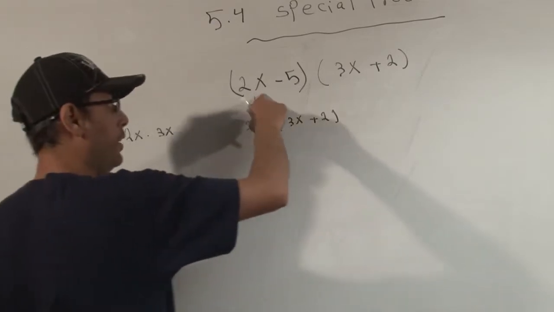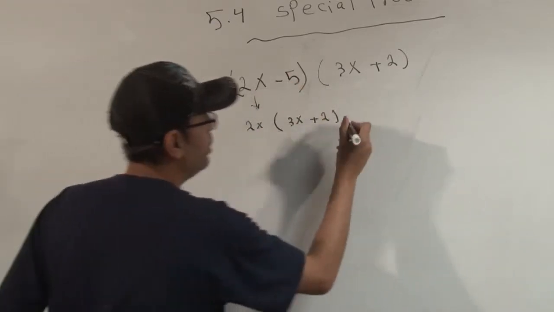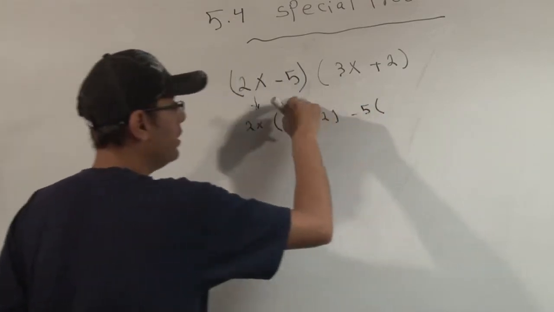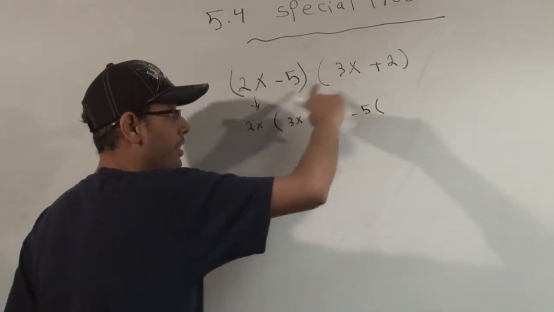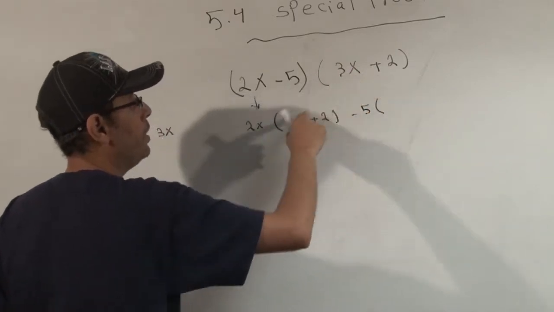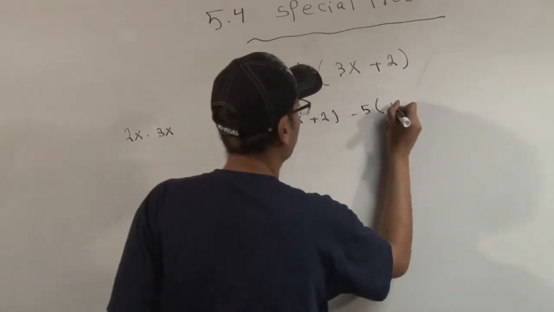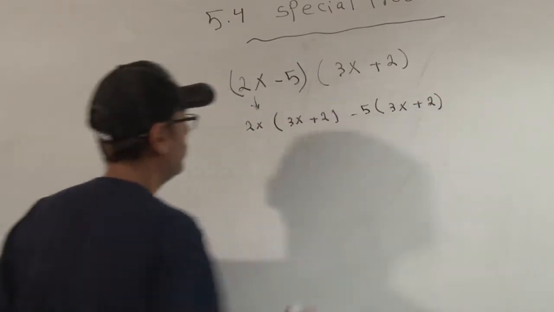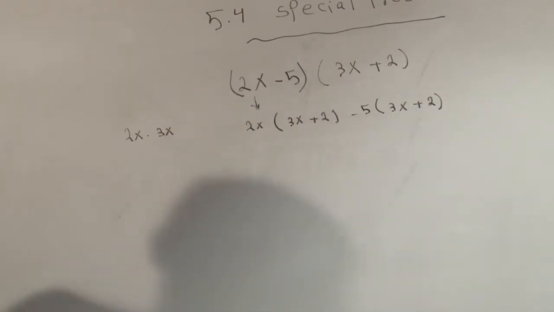So I'm done with that one. Let's go to the other one, minus 5. And then again, I have to multiply this with the same polynomial, 3x plus 2. This is step number 1.